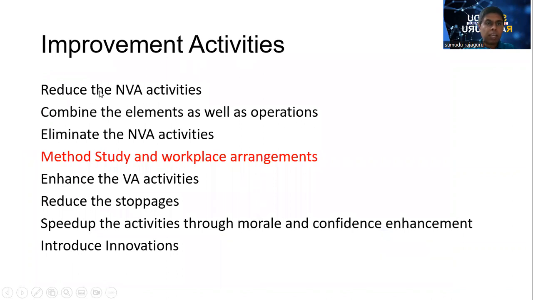Improvement activities. Okay, reduce the non-value adding activities. Then combine the elements as well as operations. Sometimes elements we can combine, sometimes two operations also we can combine. Then eliminate the non-value adding activities.